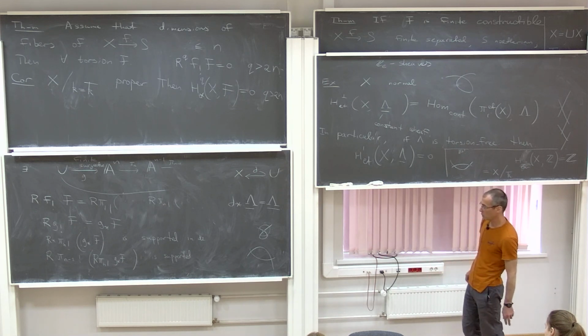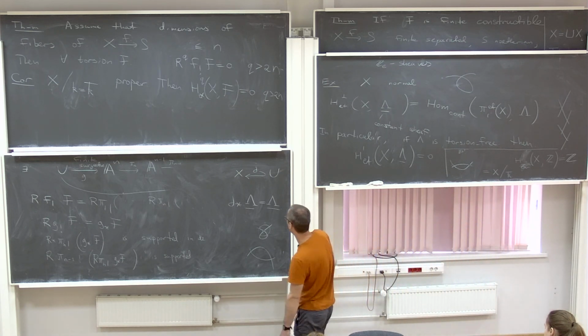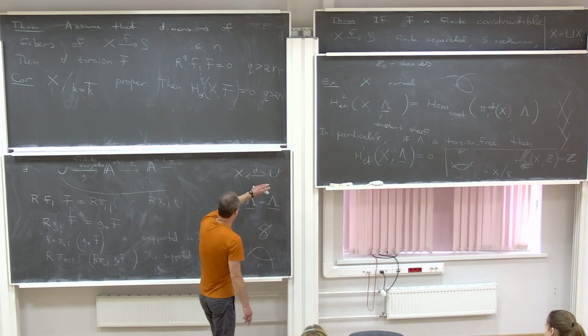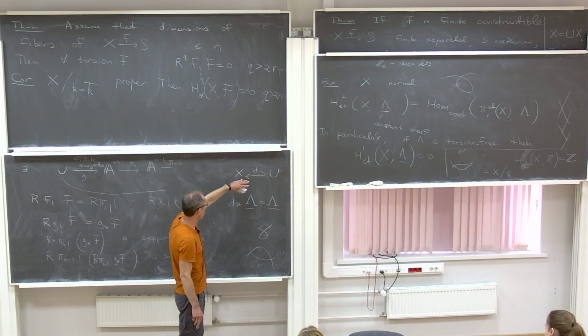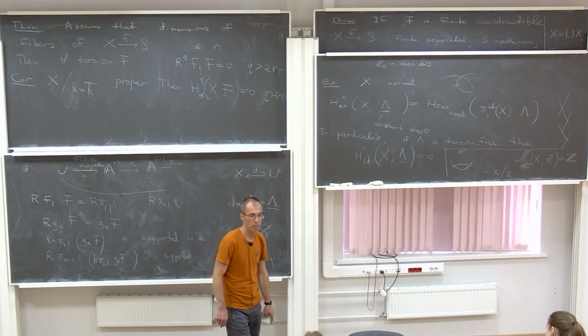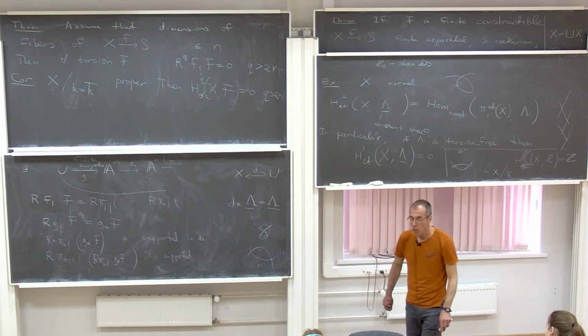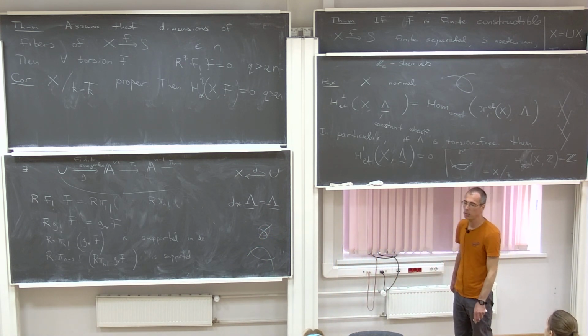В общем, то, что используется, это то, что если x связно, то любое связное этальное накрытие x является неприводимым.